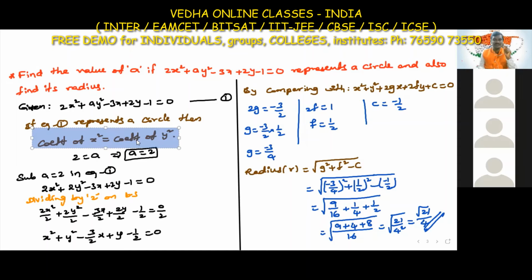We also used the general equation: x square plus y square plus 2gx plus 2fy plus c equal to 0. After that we used the radius formula: radius of the circle is under root of g square plus f square minus c. Understood?